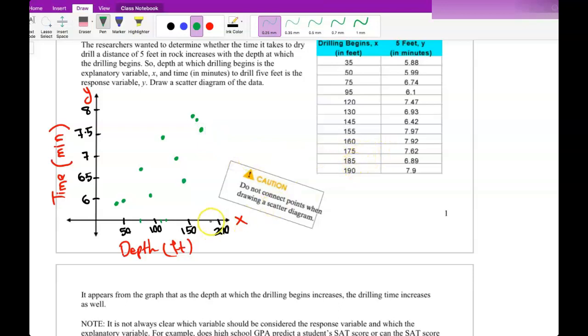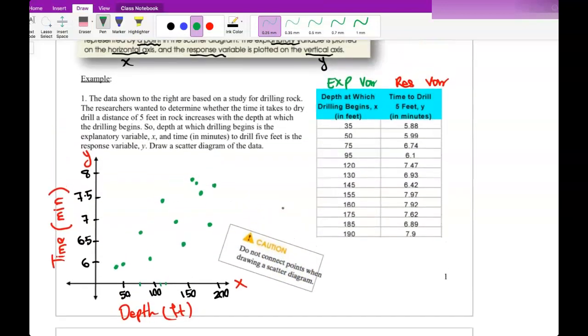And 185, 6.89. And 190, 7.9. So these are our points in this scatter diagram.